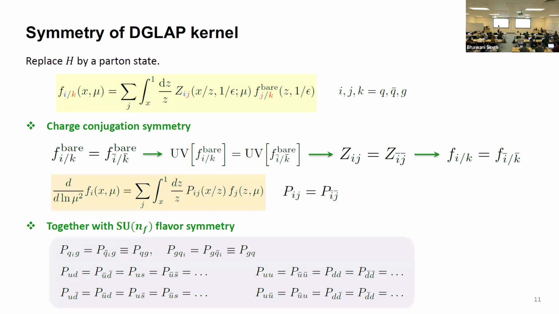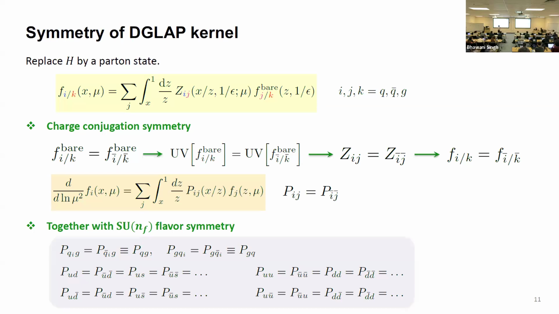And then for other kernels, for quarks splitting into other quarks, and antiquarks splitting into antiquarks. For example, we can have the D quark to U quark. This should be the same as the D bar to U bar. And by the flavor symmetry, it should be the same as from the strange quark to U quark. But it may not be the same as the splitting from U quark to U quark, because in one case the two flavors are the same and in the other they are not the same.